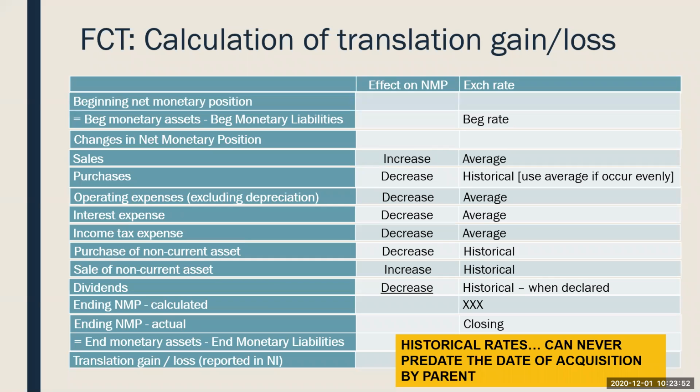It had been purchased at a date before the date of acquisition by the parent company. You need to make sure that your historical rate is not from a date that is earlier than the date of acquisition. All right, the earliest we can go in time is the date of acquisition by the parent.